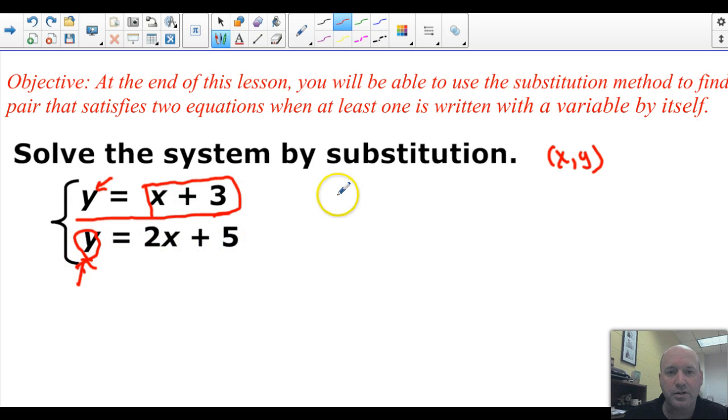That's what the substitution is. I'm acting like the second equation doesn't have y by itself because I'm using the first equation. Since y equals x plus 3, I'm substituting x plus 3 in for y of the second equation.